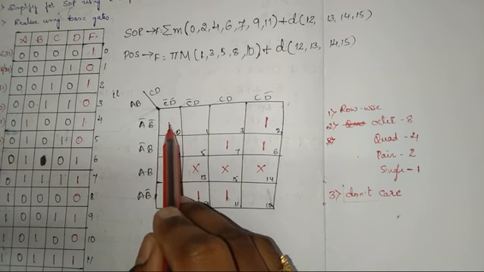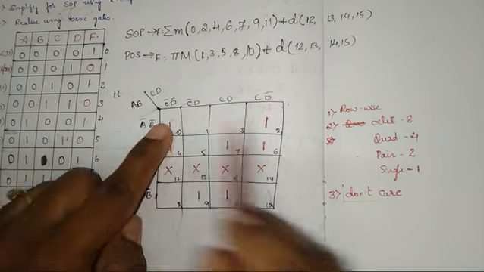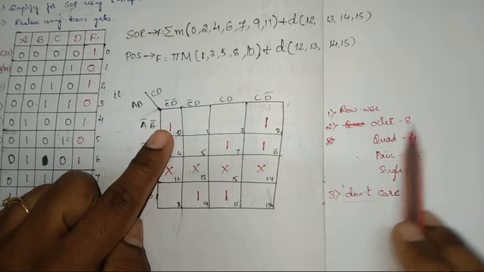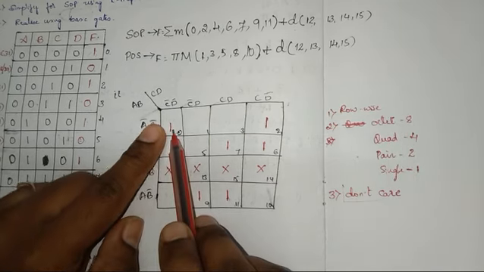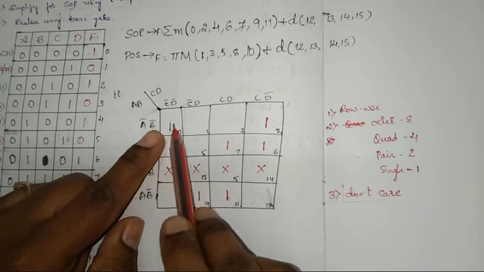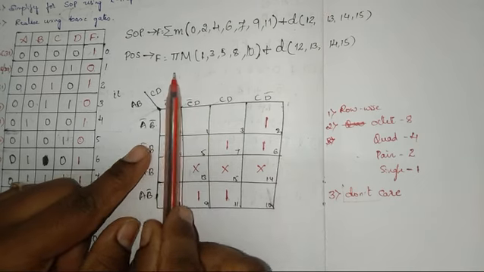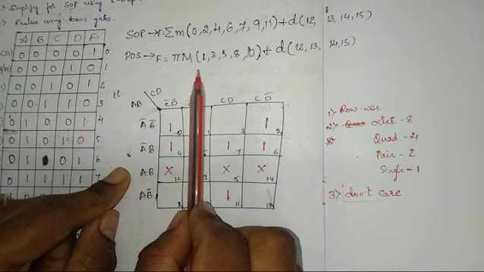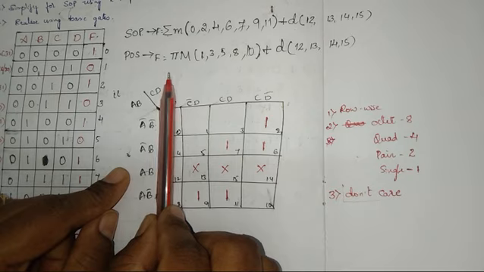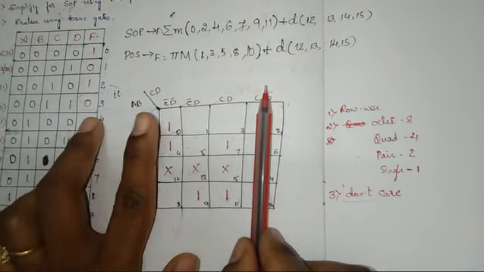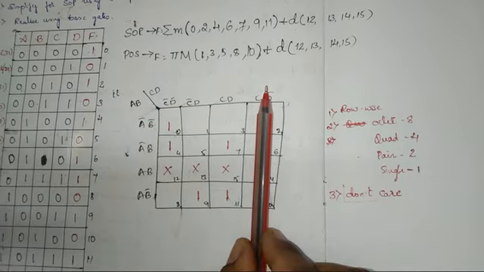Okay, so I have to follow the second rule. What does the second rule say? We have to go for an octet. Is there any possibility to make an octet by using this one? Are there any ones in these two places? No, right? If I roll this, I may make an octet.